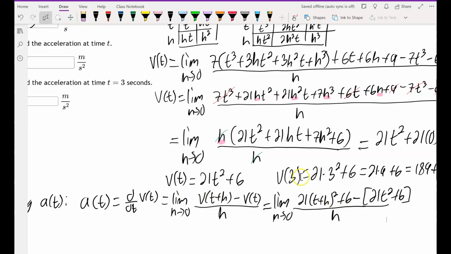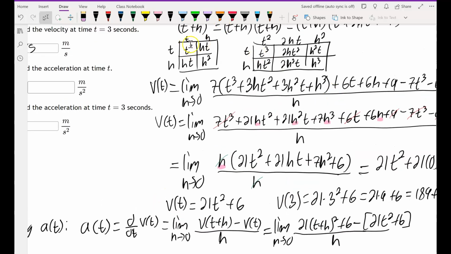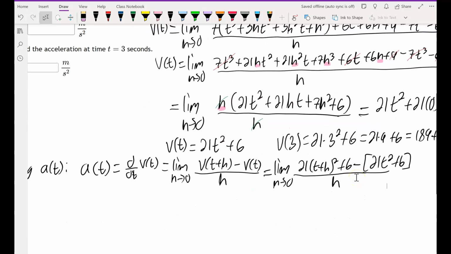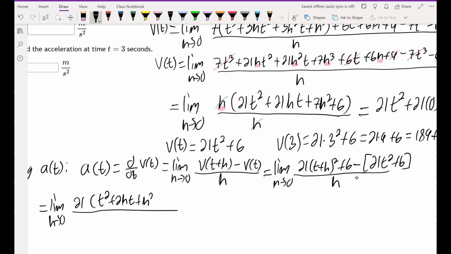And this (t plus h) squared, we've done it already. We did it up here, okay, in this box. So we know it's t squared plus 2ht plus h squared. So this is the limit as h approaches 0 of 21 times (t squared plus 2ht plus h squared) plus 6 minus (21t squared plus 6). Don't forget to distribute the negative sign.